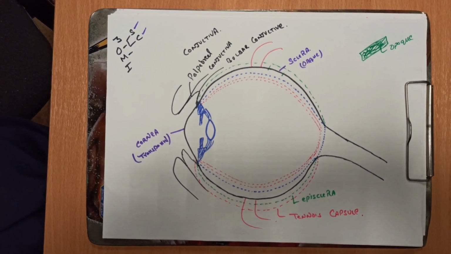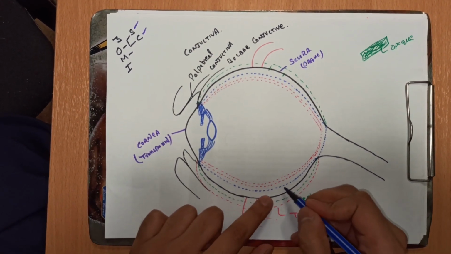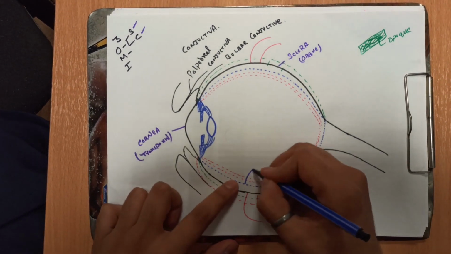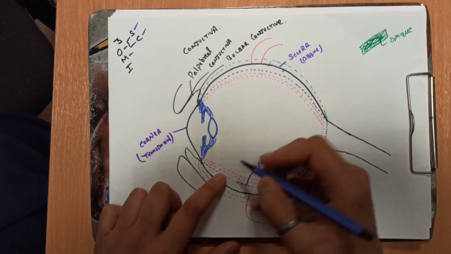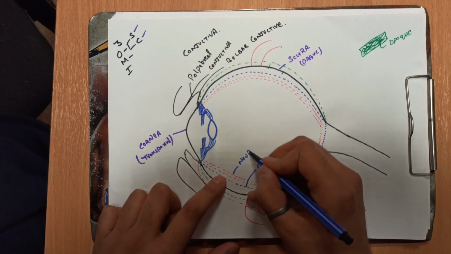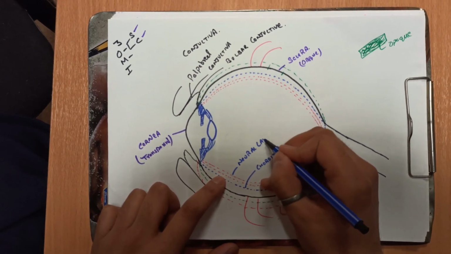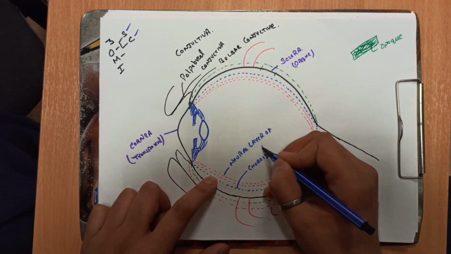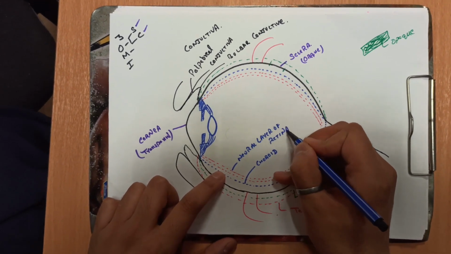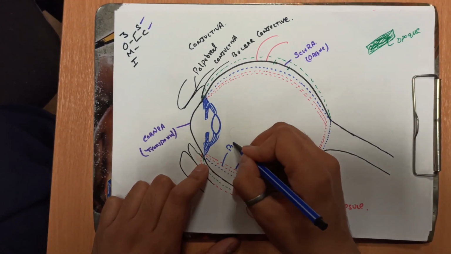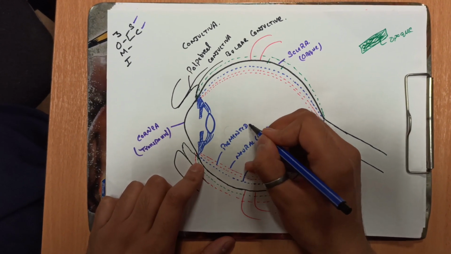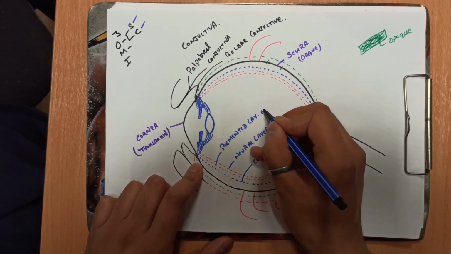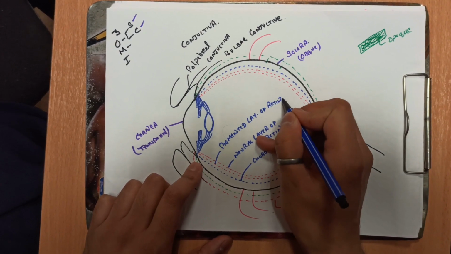Now just inner to the sclera and outer to the choroid, note that this is choroid, this is the neural layer of retina, this is the pigmented layer of retina.